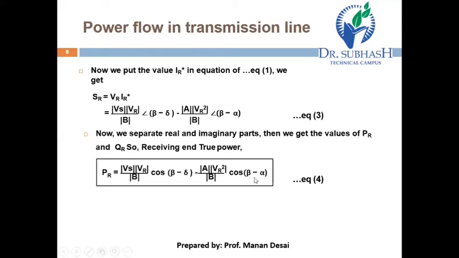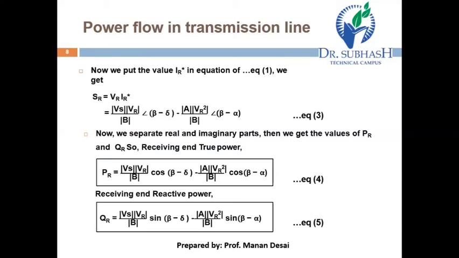This is our actual power at the receiving end. Now reactive power is VS VR upon B sin of beta minus delta, minus A VR square upon B sin of beta minus alpha. So alpha and beta we have to separate for P and Q. These are our equations 4 and 5.